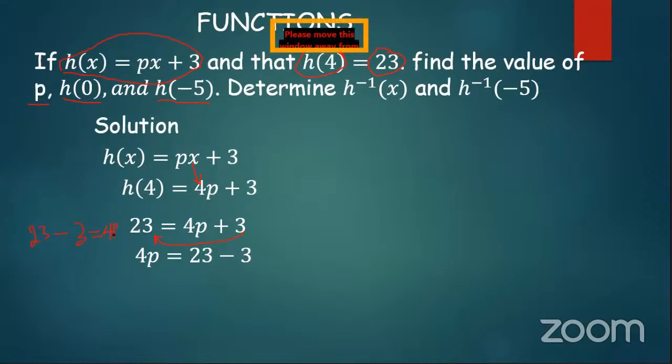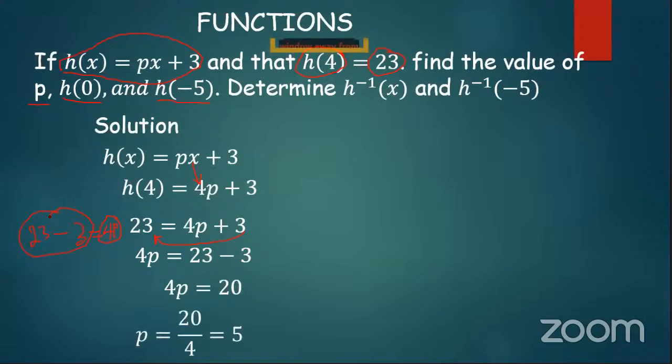So I've just changed the order and wrote this on the left hand side and this on the right hand side. Then 23 minus 3 would give us 20, and then 4p would be equal to 20, and there we divide by 4 both sides, so it would be 20 divided by 4 is equal to 5, as suggested by our colleague.